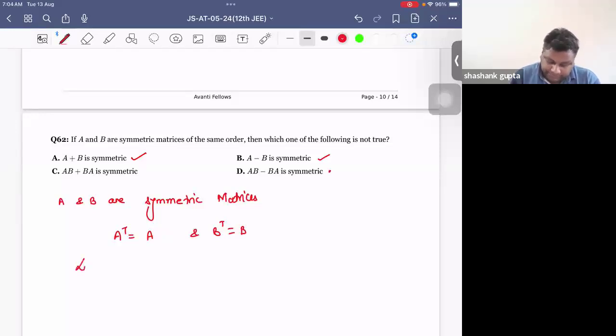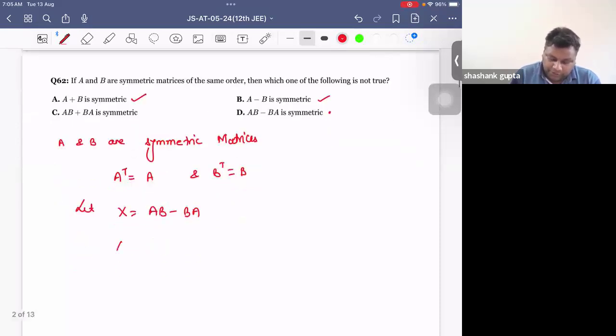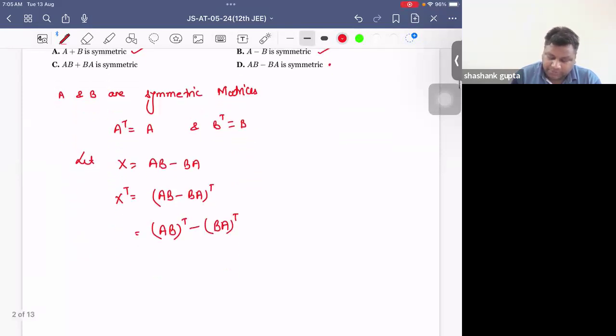So let X be AB minus BA. So X transpose will be what? AB minus BA transpose. That is AB transpose minus BA transpose. That is B transpose A transpose minus A transpose B transpose. I use the reversal law of transpose.